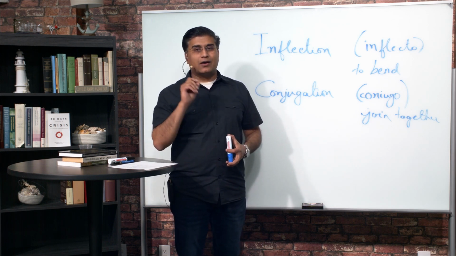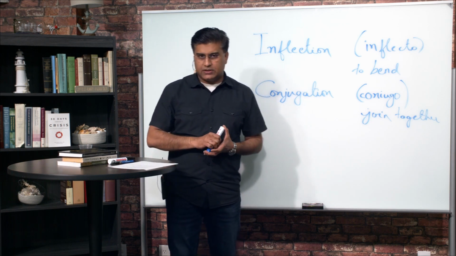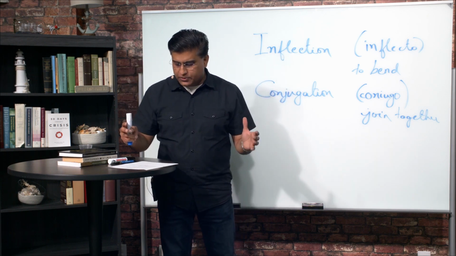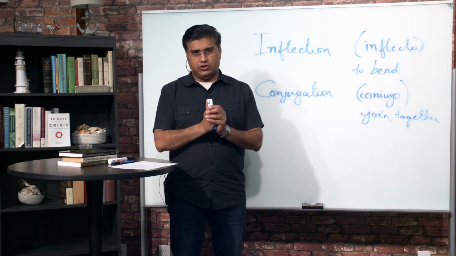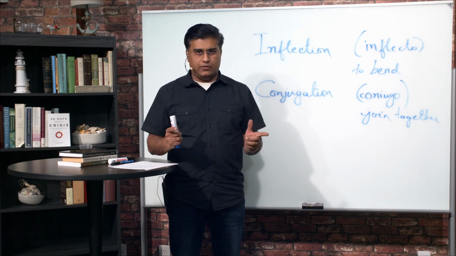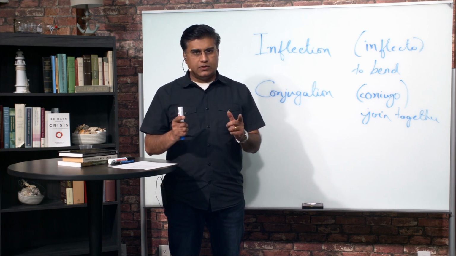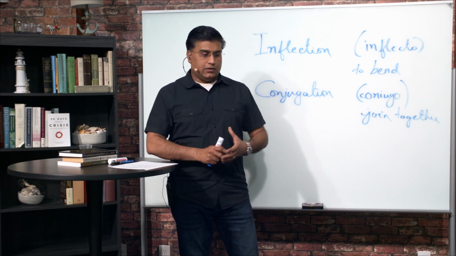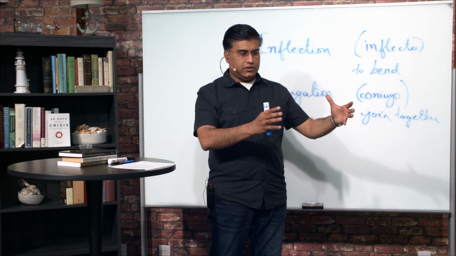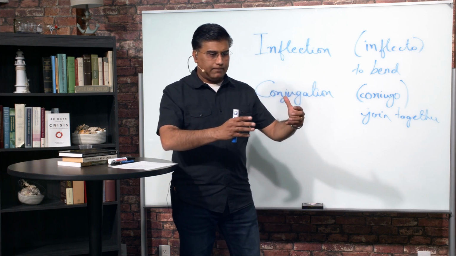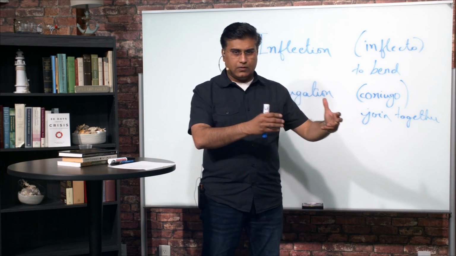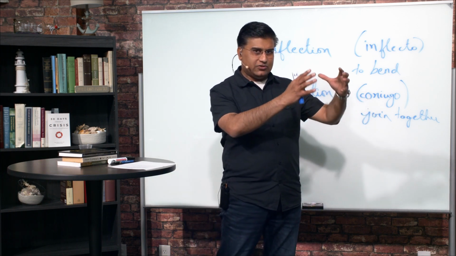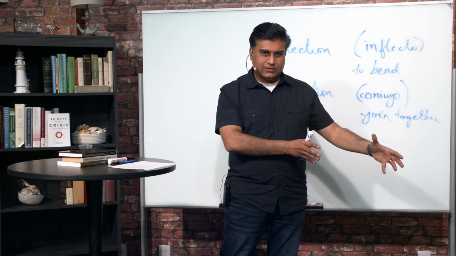Verbs are conjugated, which means this: the related patterns of verbs are known as conjugations. So, again, a group of verbs, when they are inflected, they tend to have the same kind of endings.